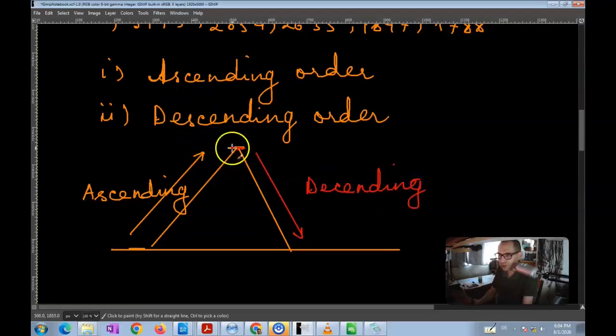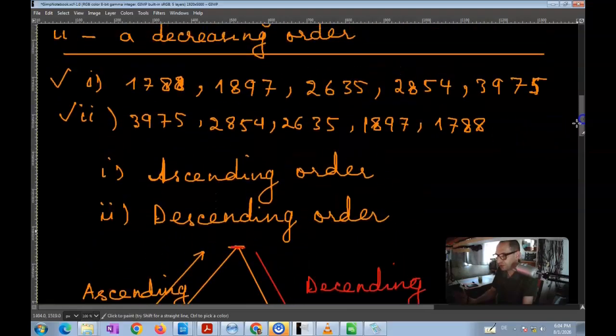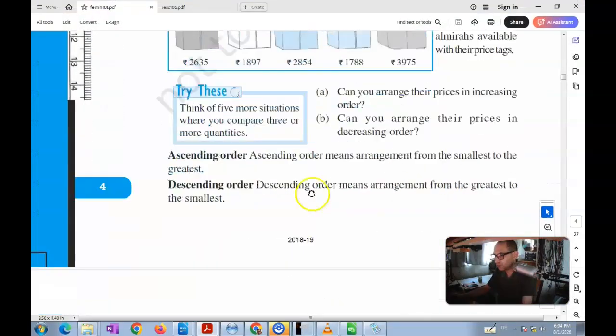So that's the meaning of these words. In an ascending order, you start with the smaller number and then you end up with the largest number on the list. In a descending order, you start from the largest number and then you end up with the smallest number on the list, right? So that's the meaning of ascending order and descending order.